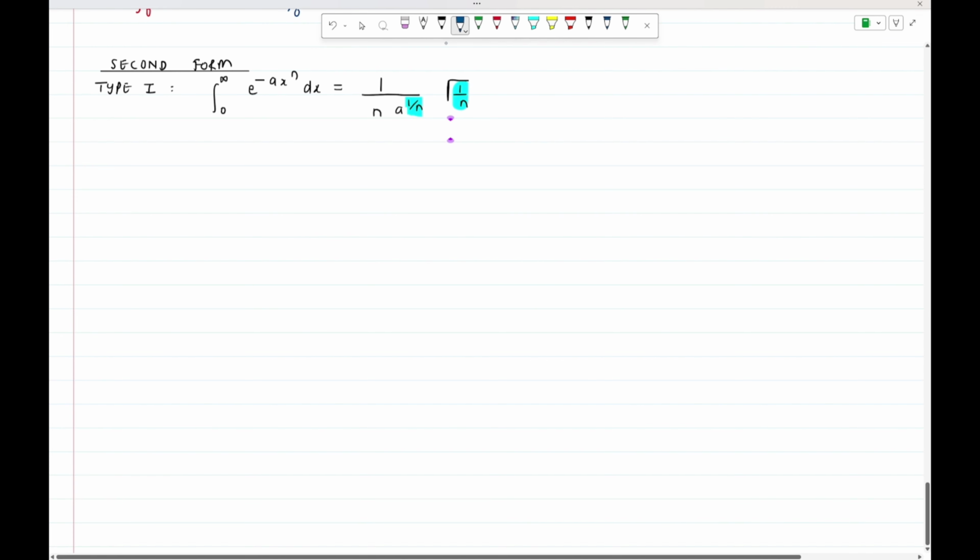Type 1 is an integral of the type 0 to infinity of e raised to negative a x power n dx. The value of this is equal to 1 over n times a raised to 1 by n, times gamma of 1 by n. Here I would just like to give you a heads up: whatever power you see here, in most cases, that power is going to be the argument of gamma. So this is type 1.